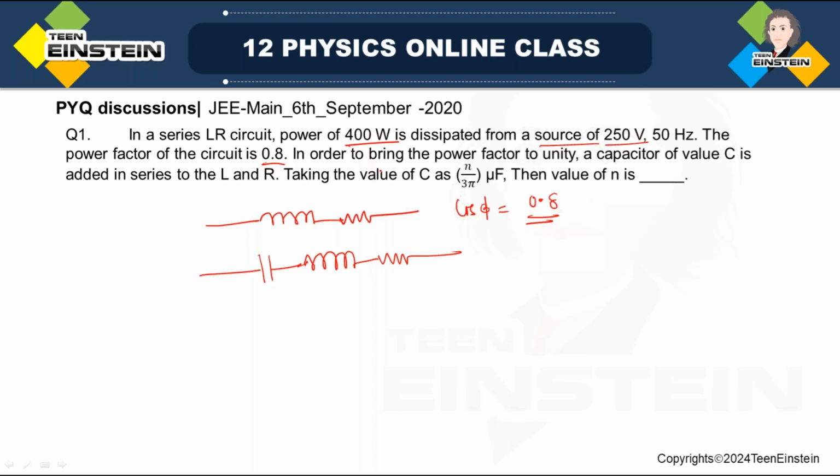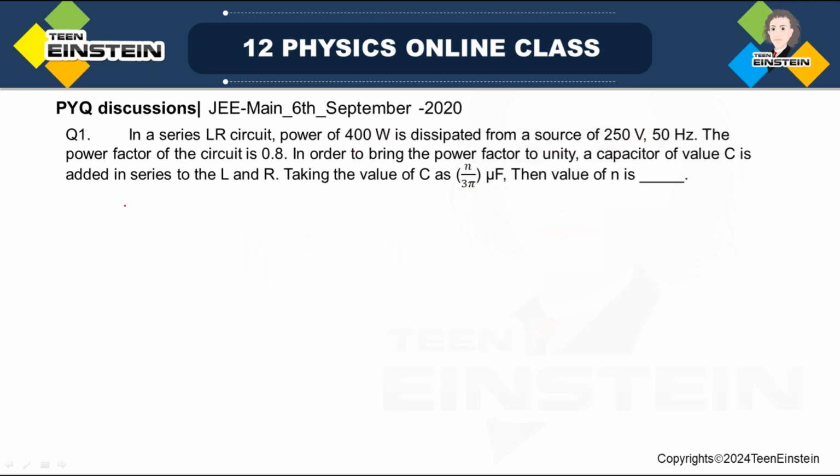Taking the value of C as N by 3 pi microfarad, the value of N is dash. So you have to find the value of N as an integer to fill up this blank.